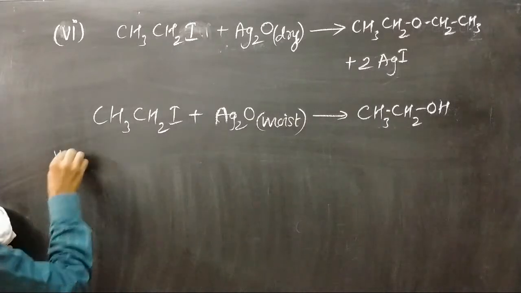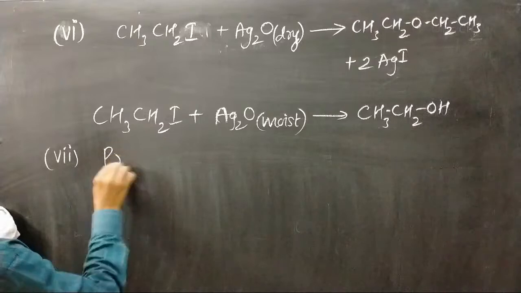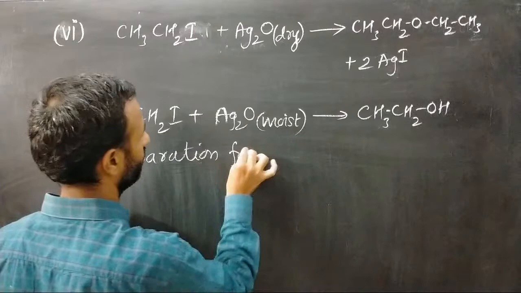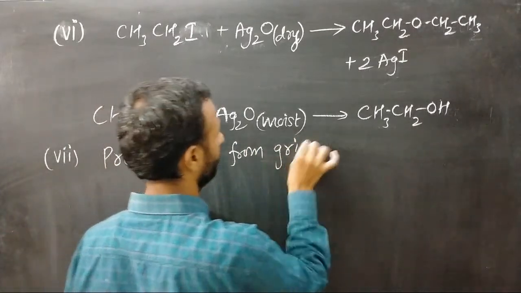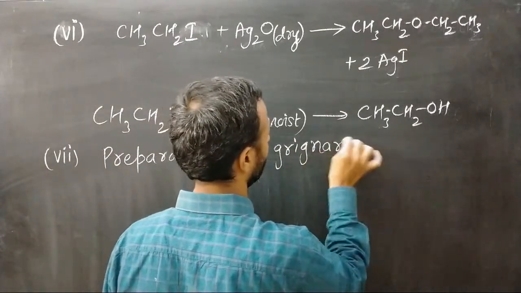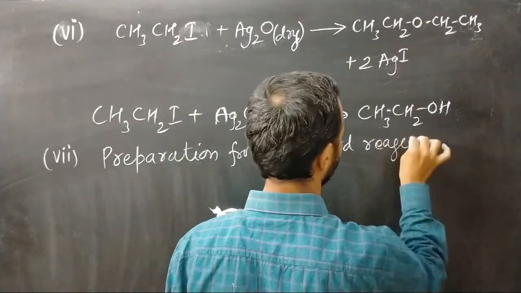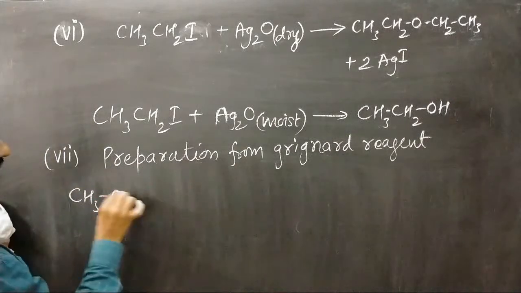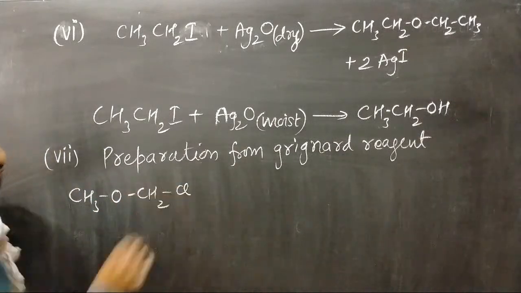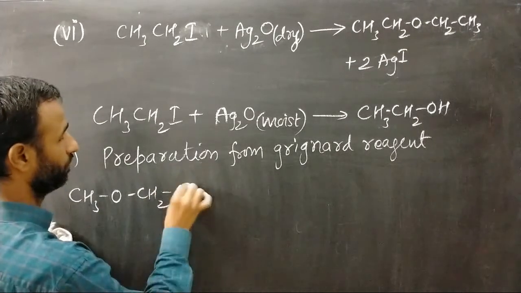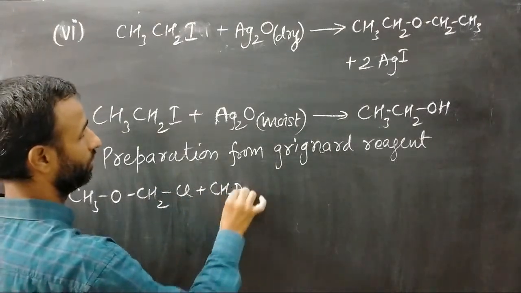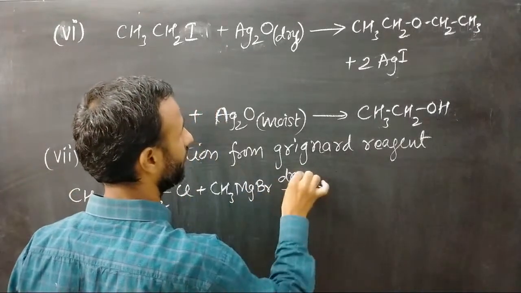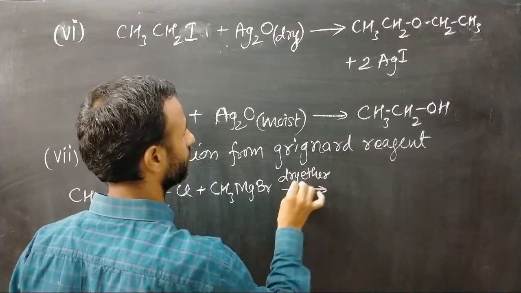Now preparation from Grignard reagent. Let us consider we have this along with methyl magnesium bromide in dry ether.